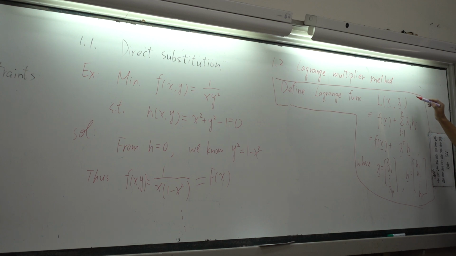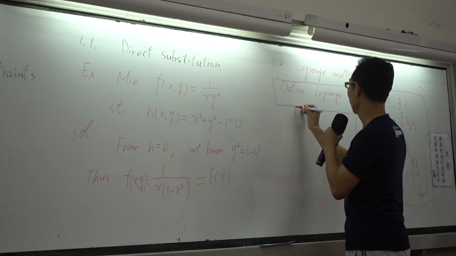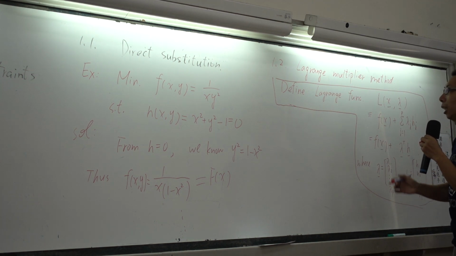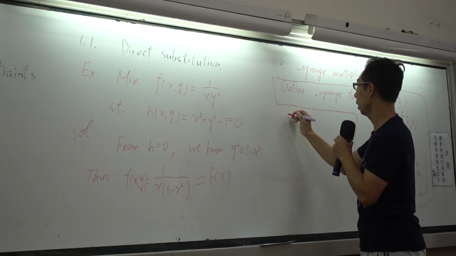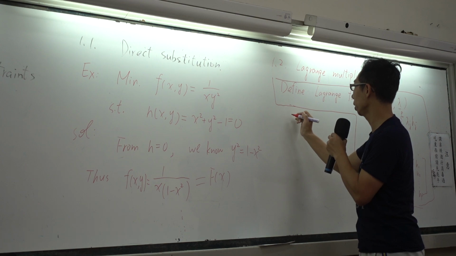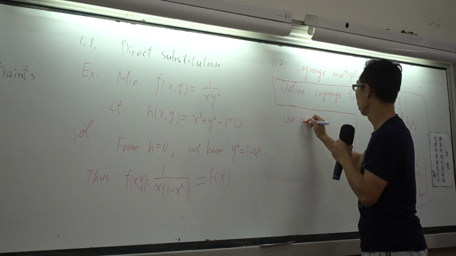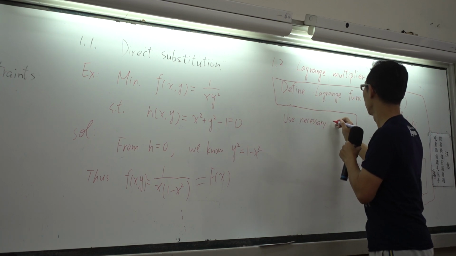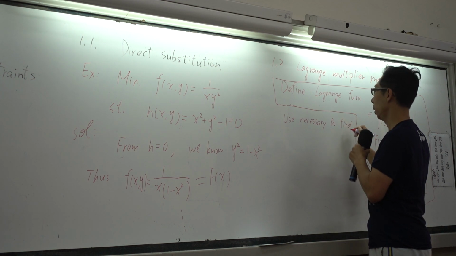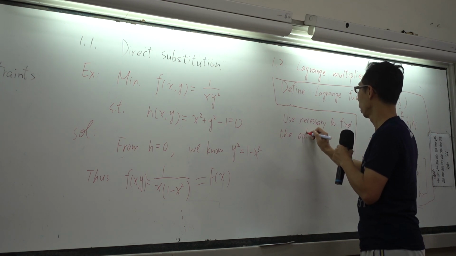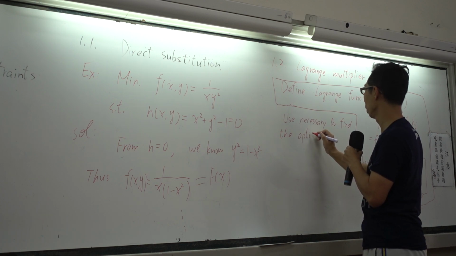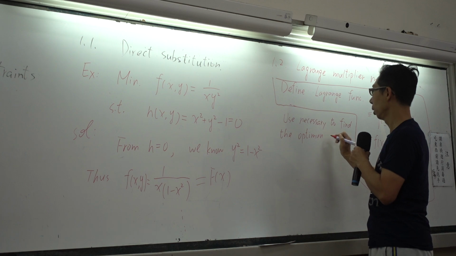So it's a function of n plus p variables, and then we try to use the necessary conditions to find the point satisfying them.